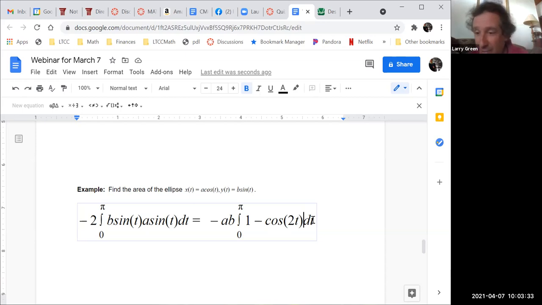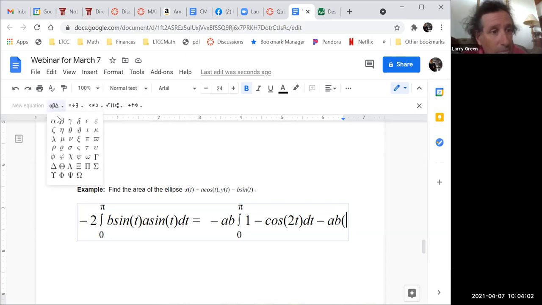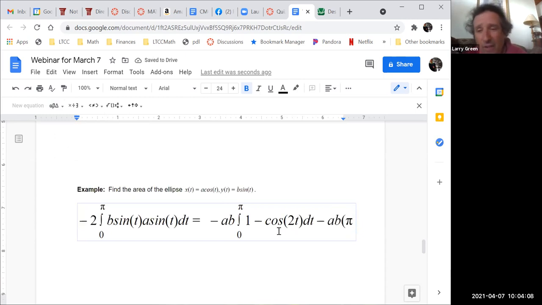Okay, that's easy, I hope, for all of you. What's the integral of 1? You better all remember that. The integral of 1 is t. T from pi to 0 is just pi. Okay, the integral of cosine is sine, right?